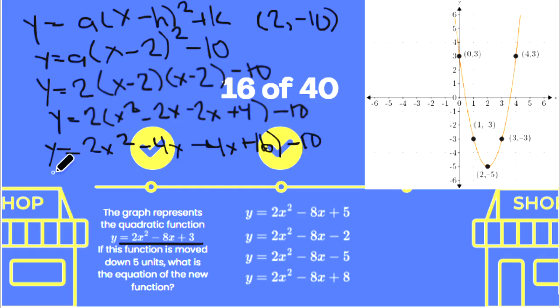Combine like terms, we have y equals 2x squared minus 8x. That takes care of those two. 16 minus 10 is plus 6, which is none of these answers. Womp, womp. But we know that it should be 2x squared minus 8x, which is all of our answers.